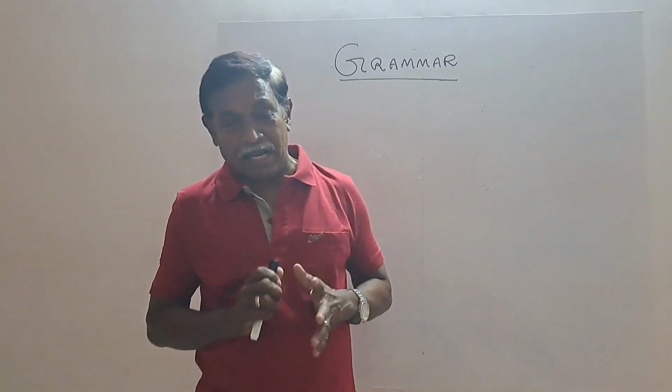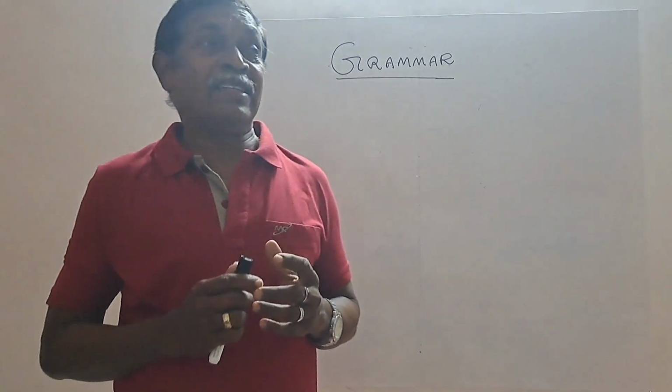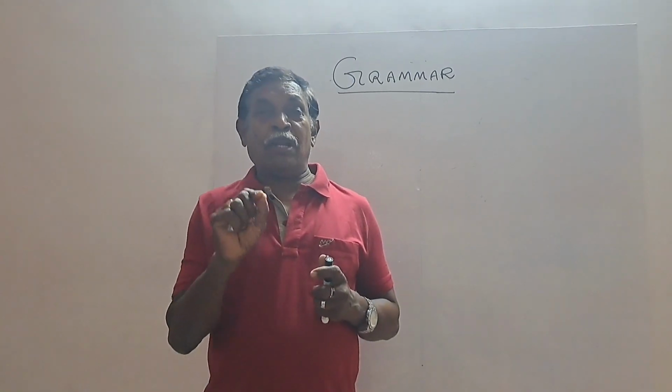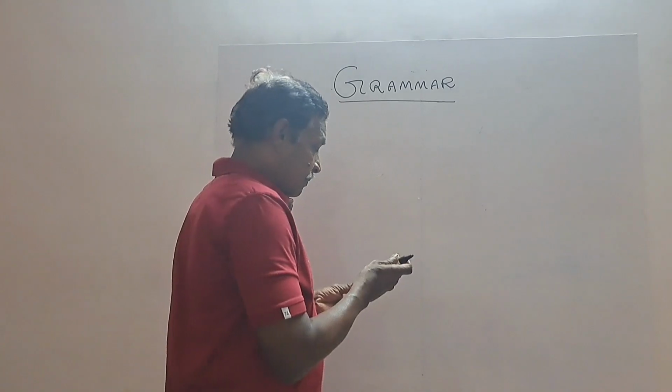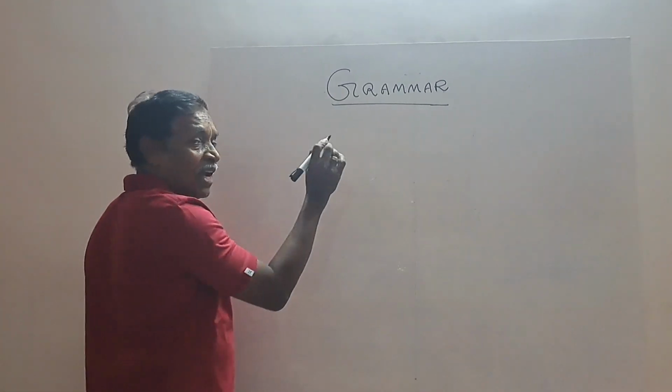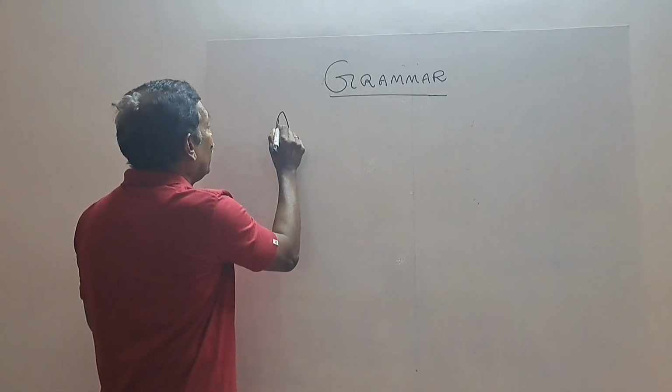Proper nouns are particular names. A proper noun is the name given to a particular person or thing. That is the definition. Let me write it here. First, I will write the definition of a noun.